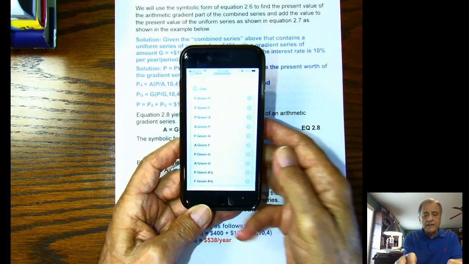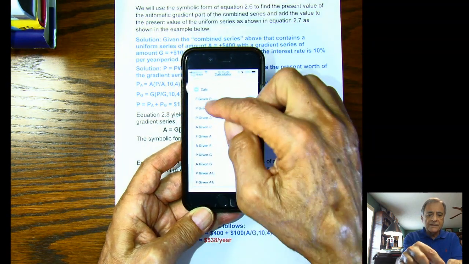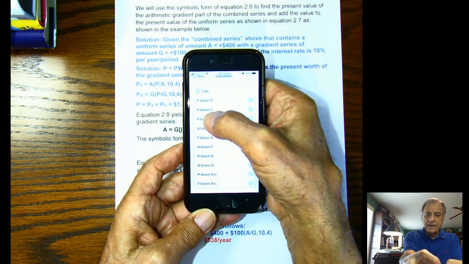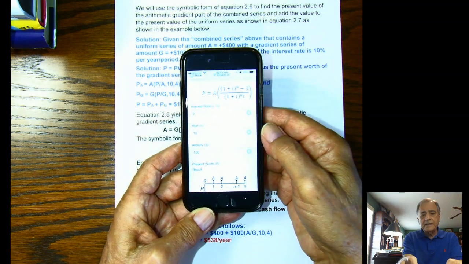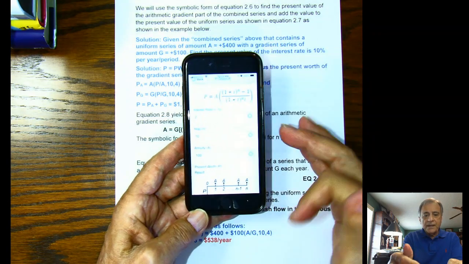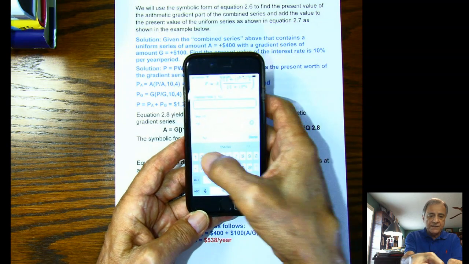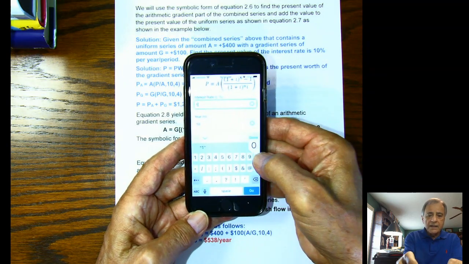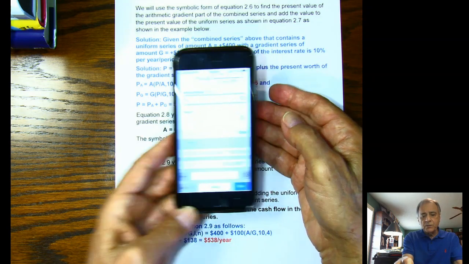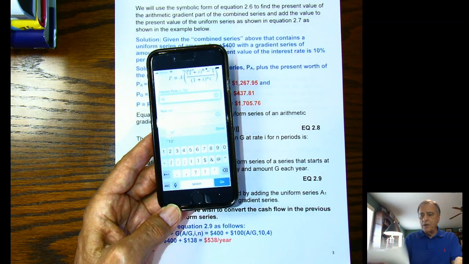The first thing I want to do is calculate the present value of the uniform series, and that's the third option down, P given A. I click on that, and this shows me the formula that I'm using, and then it asks me for the interest rate, which I put in as a percentage. That's 10. Then it asks me how many years. How many years do I have in that uniform series?